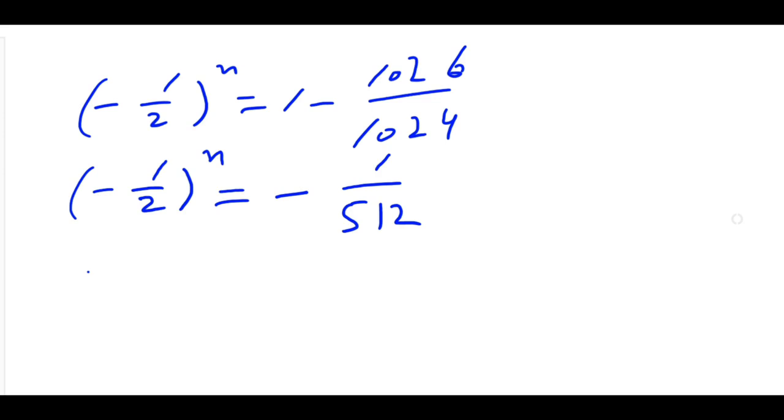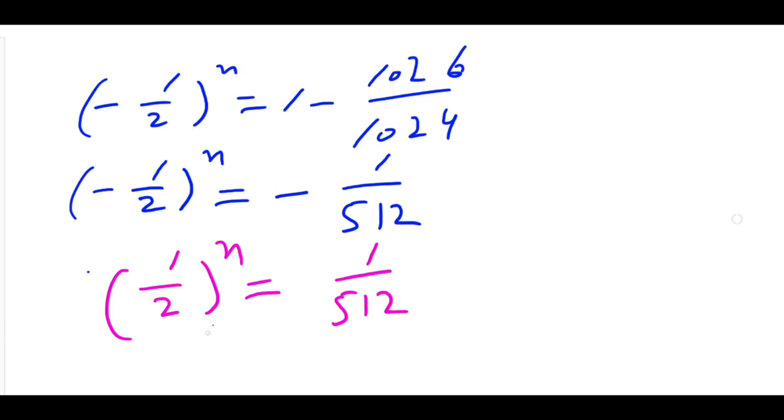That means n must be an odd number for a real solution. This allows the equation to be rewritten without the negative sign. So I can write now 1 over 2^n is equal to 1 over 512. Now I can apply the log.